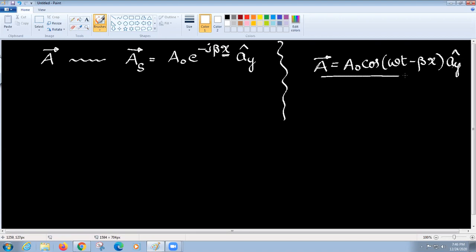This is what we considered for A. Now before I make anything possible, let me make something more general. Say this A is nothing but the real part of phasor A multiplied by e to the power of j omega t.